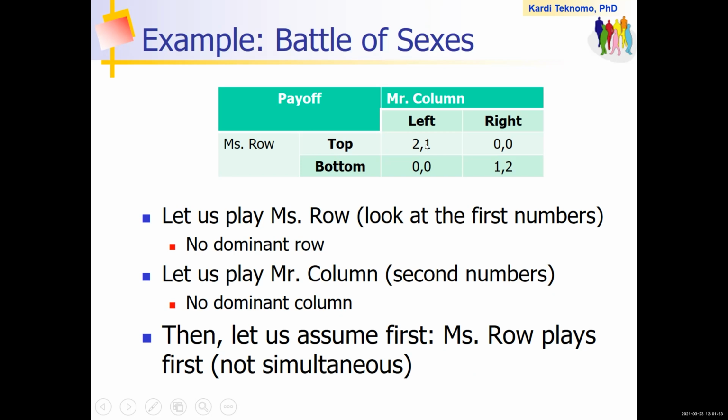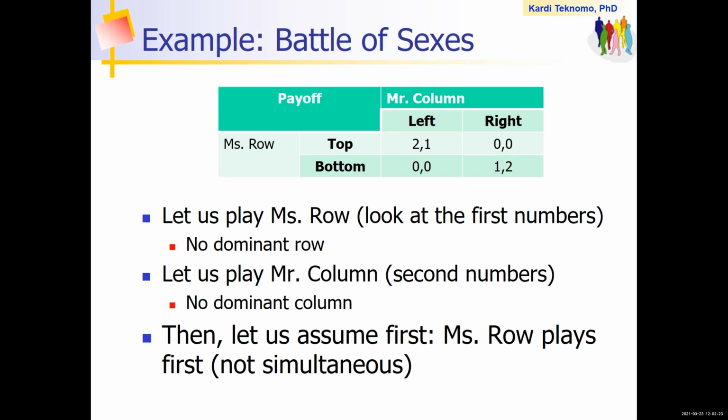Again, as Mr. Column, you cannot find a dominant column. 1 is larger than 0, but 0 is less than 2. So you cannot find a dominant row, and you cannot find a dominant column. So in this case, you cannot use iterative dominant strategy. The algorithm of iterative dominant doesn't work here, correct?